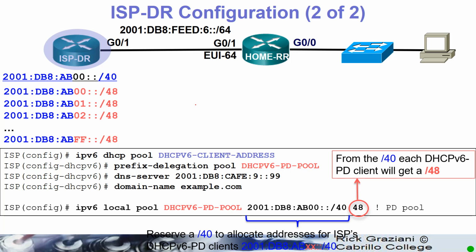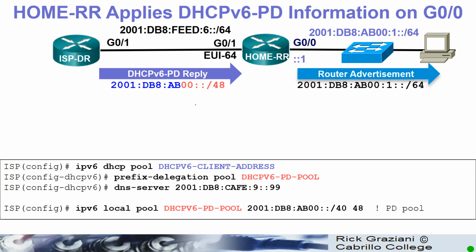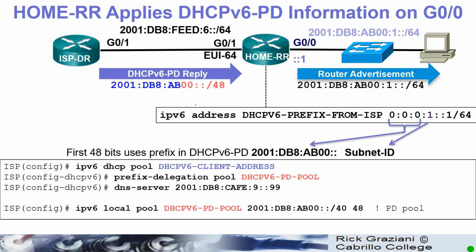So we can get several /48s in that pool, and it will just respond with one of them. So we'll send a reply with a /48 to one home requesting router. Again, we'll take the appropriate information and plug them in and convert it to a /64.